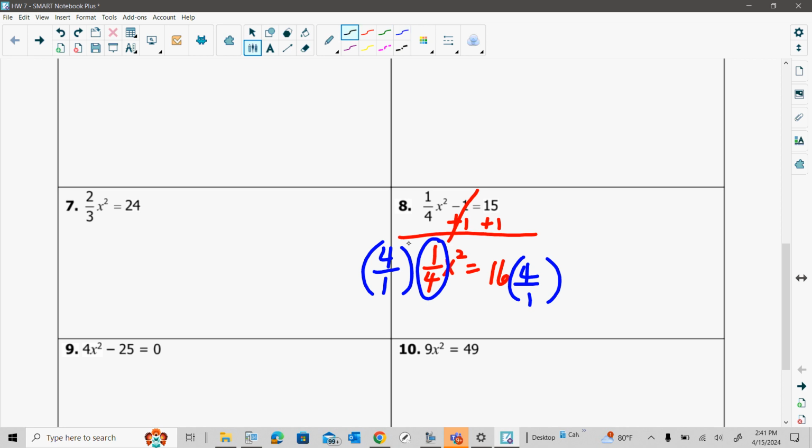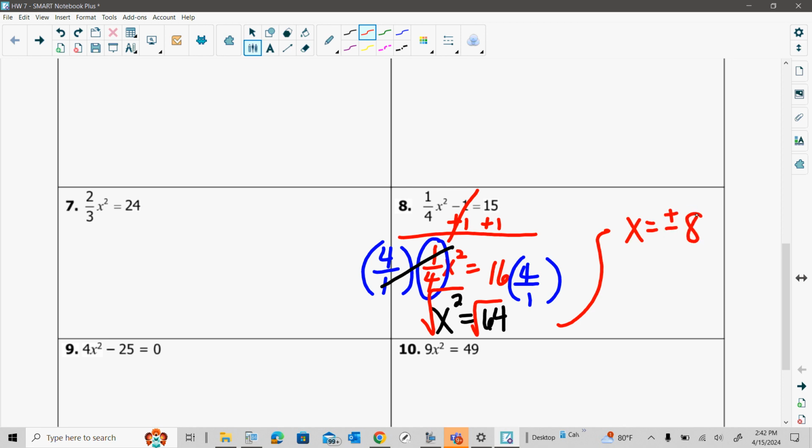This is going to get rid of the fraction, so I have x squared equals 64. So now I'm taking the square root, and we should get x equals plus or minus 8.